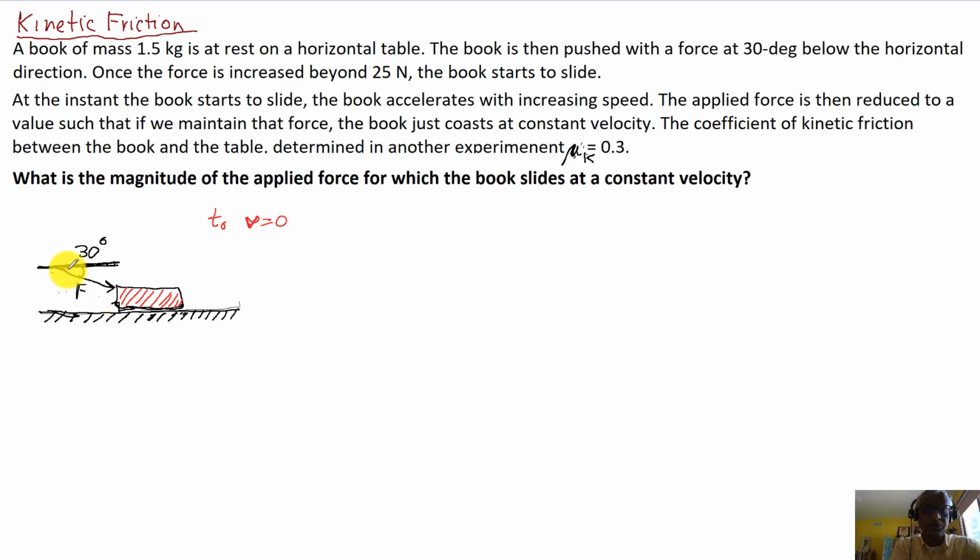Then I push on it with increasing force. And when the force is beyond 25 Newton, it starts to slide. So if I apply more than 25 Newton, then this starts to slide.